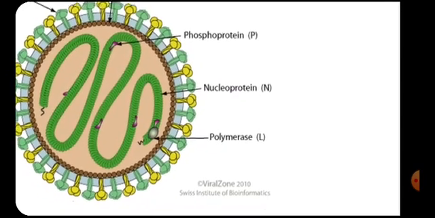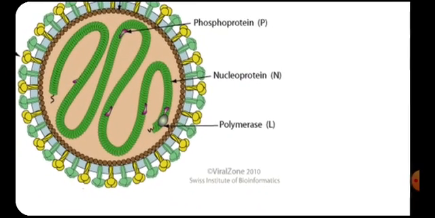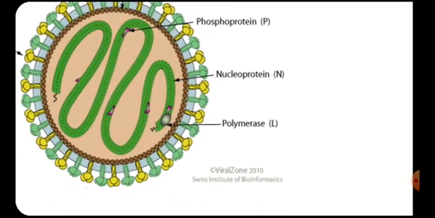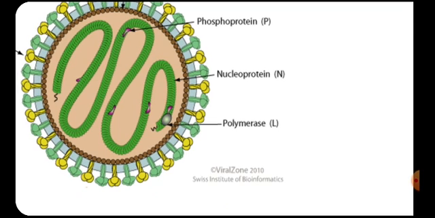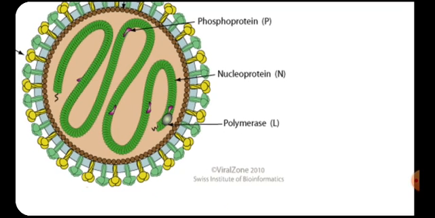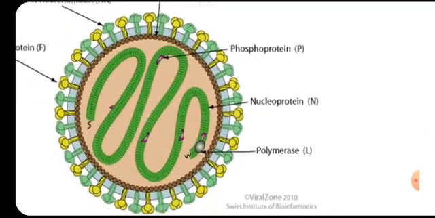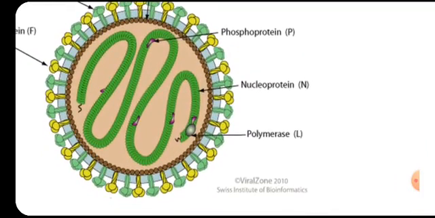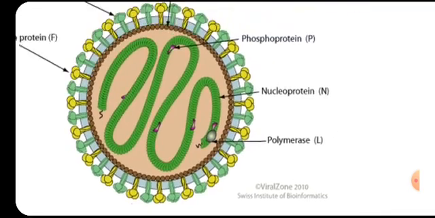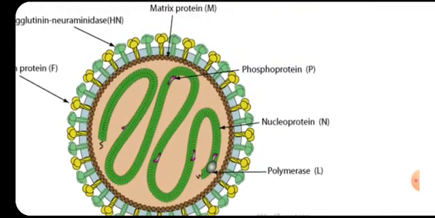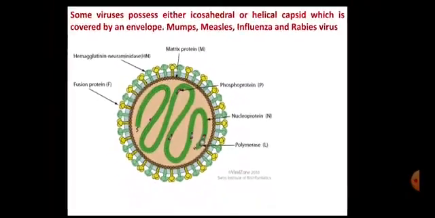You can see in this virus inside, attached to a nucleoprotein, is a polymerase. This is the typical feature of some viruses. It contains its own polymerase. Polymerase enzyme is responsible for replication of nucleic acid. So this organism uses its own polymerase for the replication of nucleic acid.